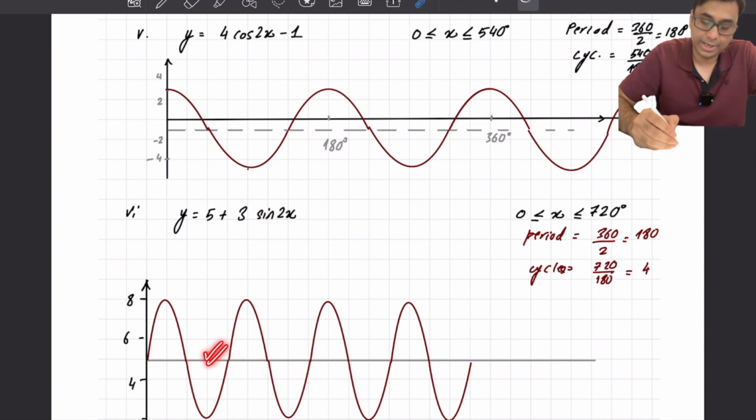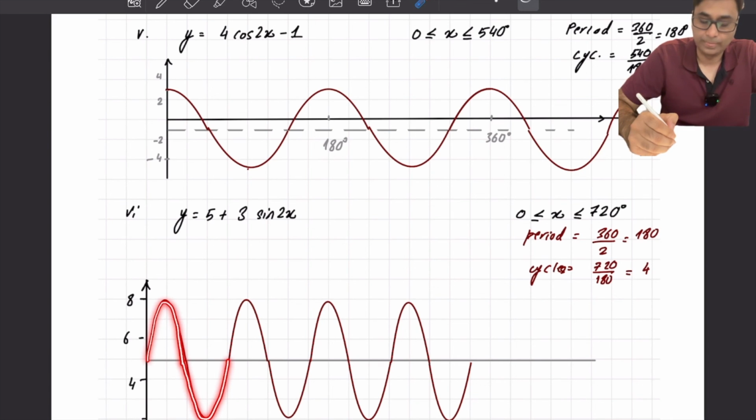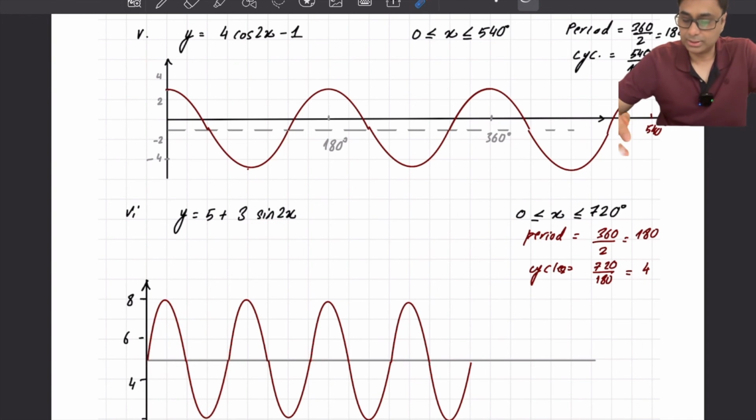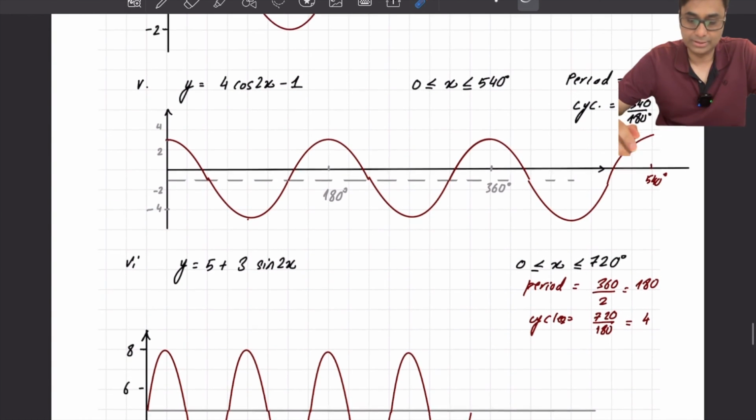This line should have been dashed, and the amplitude is 3. So I will make a sine graph 3 above the central line, which is 5 + 3 = 8, and 3 below the central line, which is 5 - 3 = 2. This is where 1 cycle ends, and I have to make 4 cycles. So this is 2 cycles, this is 3 cycles, and this is 4 cycles. Since it is a sine function, it started from the central line. And this is how I will be able to sketch these graphs.